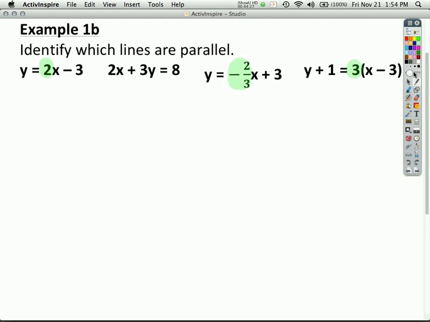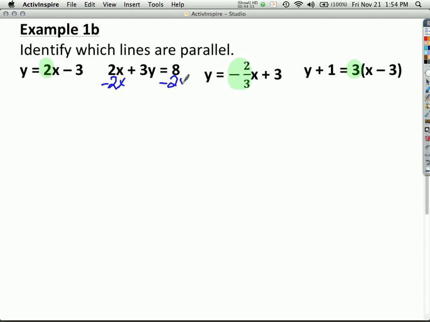So we can't see the slope very easily. But if we convert it like she just said, and it was so effortless for her to say, oh yeah, you just subtract 2x from both sides, and then you divide everything by 3, and remember that means you divide individually by 3, and now all of a sudden you've got slope-intercept form. Now you can see the slope.